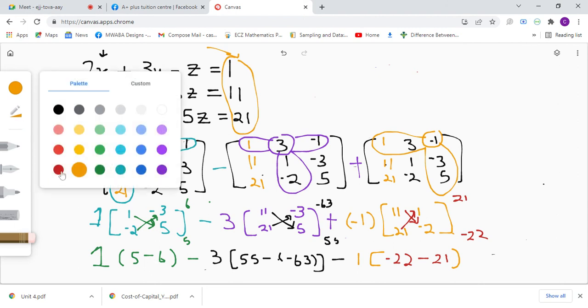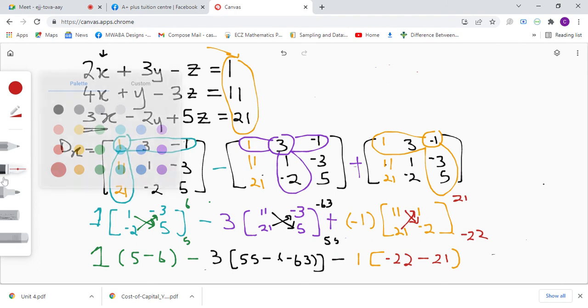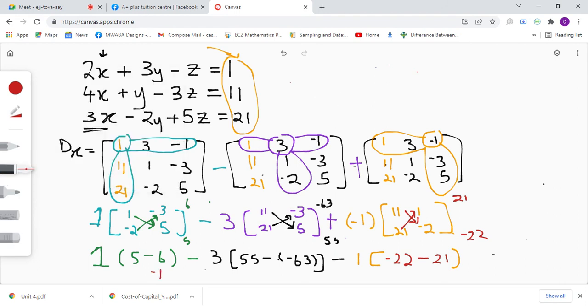So we're going to say 5 minus 6, we get negative 1, right? So on top here, we're going to say 1 times negative 1, minus 3 times, 55 minus negative 63, we get 118. Okay, I'm going to say minus 3, open brackets, 118.